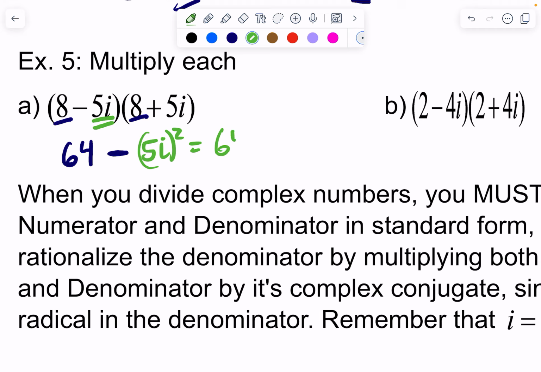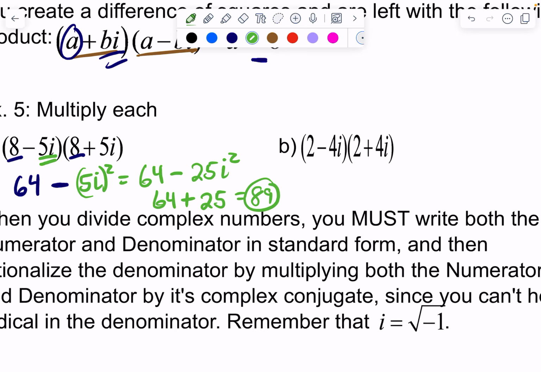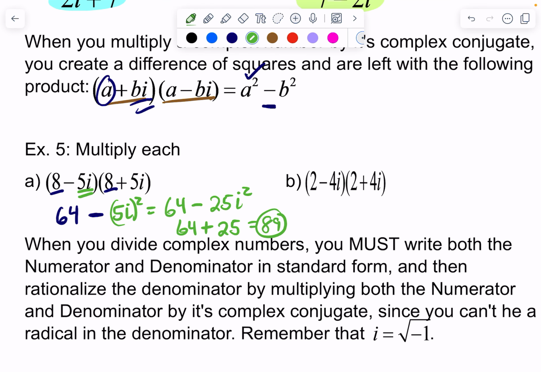That's going to give me 64 minus 25i squared, which gives me 64 plus 25, which gives me my 89. So it really does not matter, okay, as long as you have a difference of squares there and you recognize it, you can go the long way or use the formula.